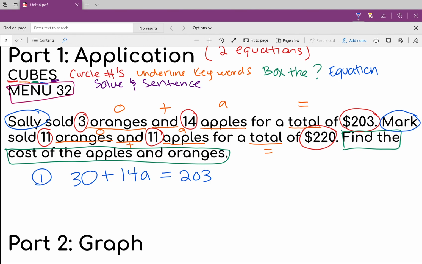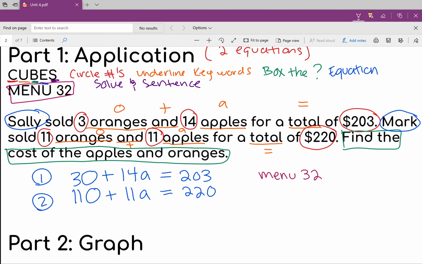That's equation 1. Okay, let's look at equation 2 about what Mark sold. So it said Mark sold 11 oranges plus 11 apples is equal to $220. So these are our 2 equations. So in a minute, I'm going to pull up my calculator, and on our calculator together, we're going to be using menu 3-2.